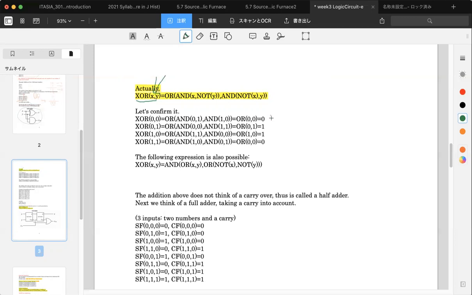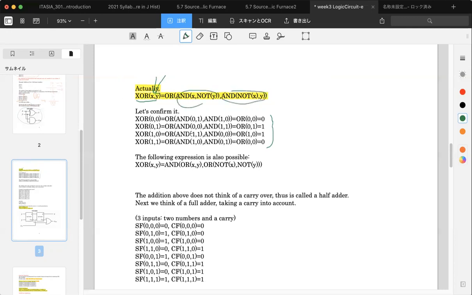And here we can see that they are equivalent. But you can just read it through. So x or y means this whole thing in the bracket, that means x and not y, and this thing and this thing, or this thing or this thing.